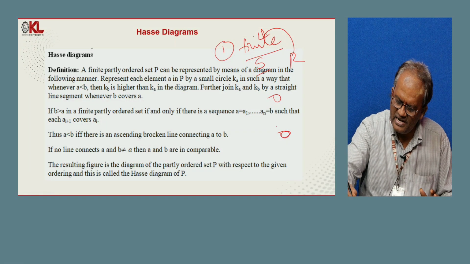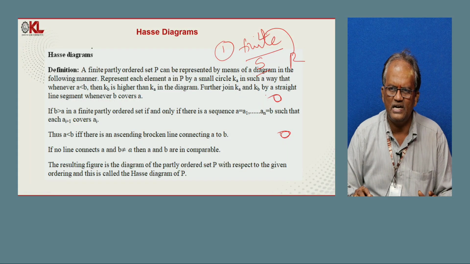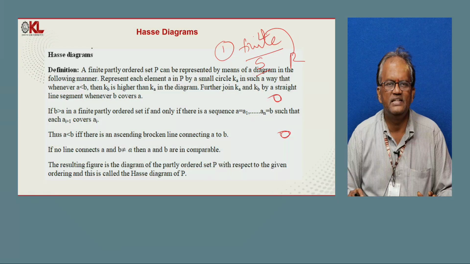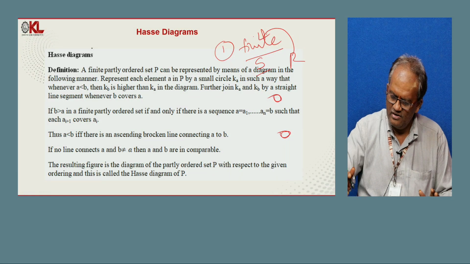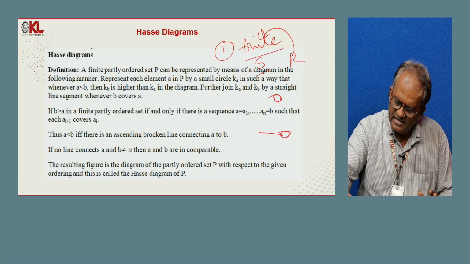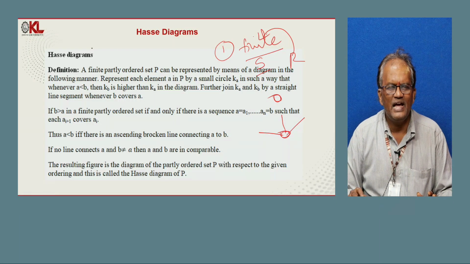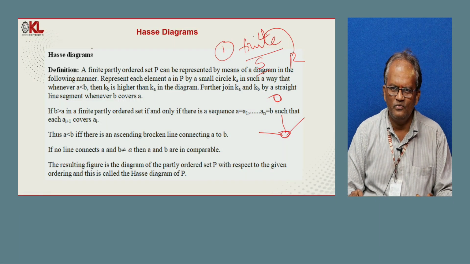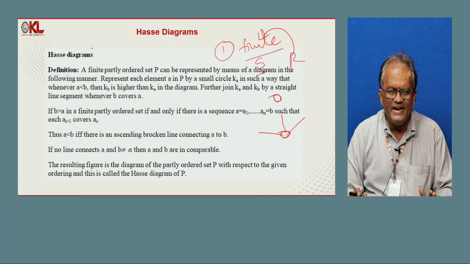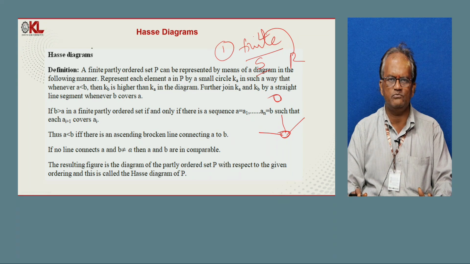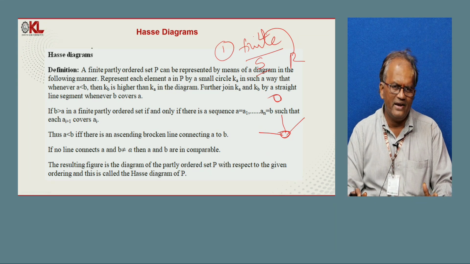The elements should be drawn as dots or small circles, and the lines represent the relation between the elements of a poset. With this we get the idea of how to represent a poset in terms of a diagram.